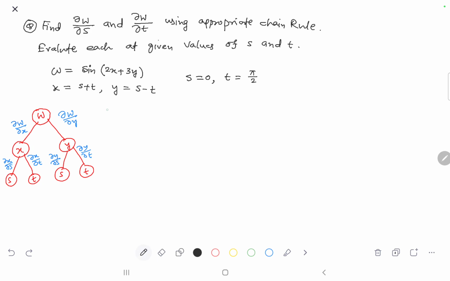Actually, first you need ∂w/∂x. So ∂w/∂x, if you calculate, what do we get? ∂/∂x of sine of 2x plus 3y. We get cosine of 2x plus 3y, times 2. Right, Mayan?